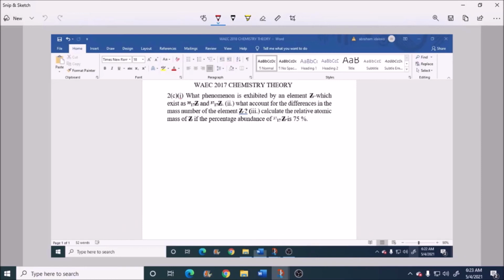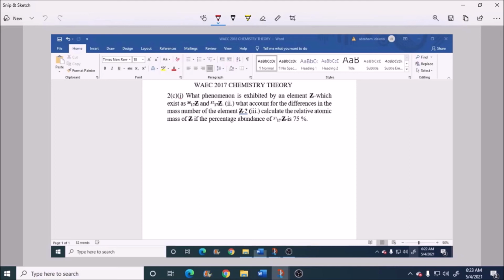What accounts for the differences in the mass number of the elements? Then Roman figure 3. Calculate the relative atomic mass of these elements if the percentage abundance of the atom of the element having mass number 37 and atomic number 17 is 75%.